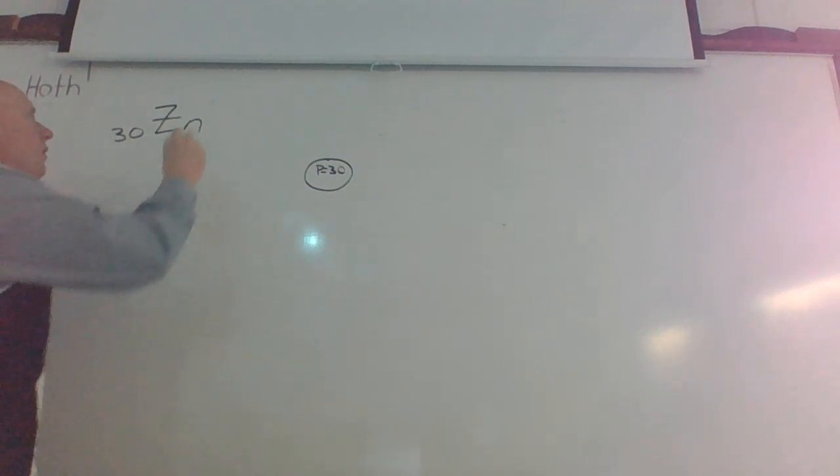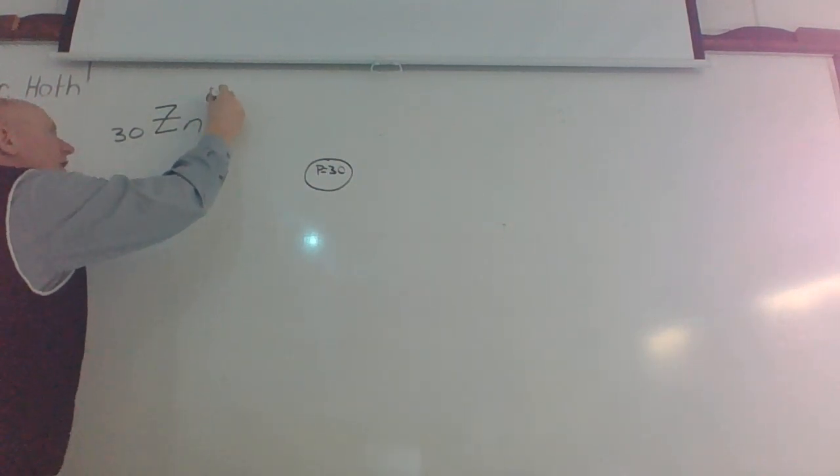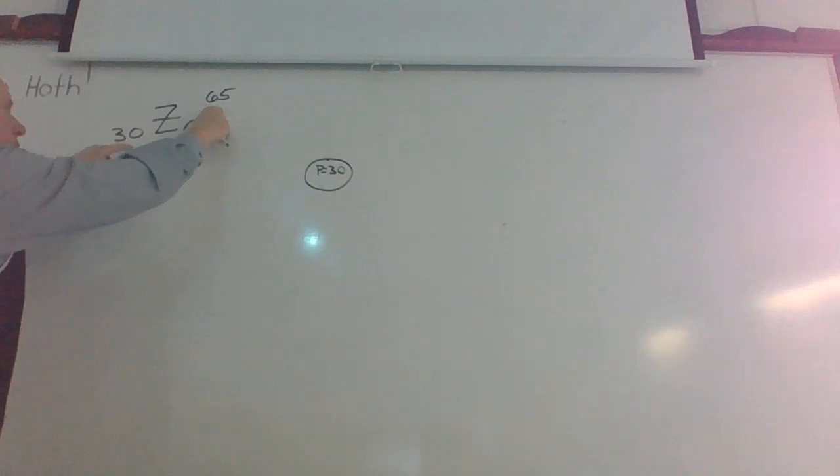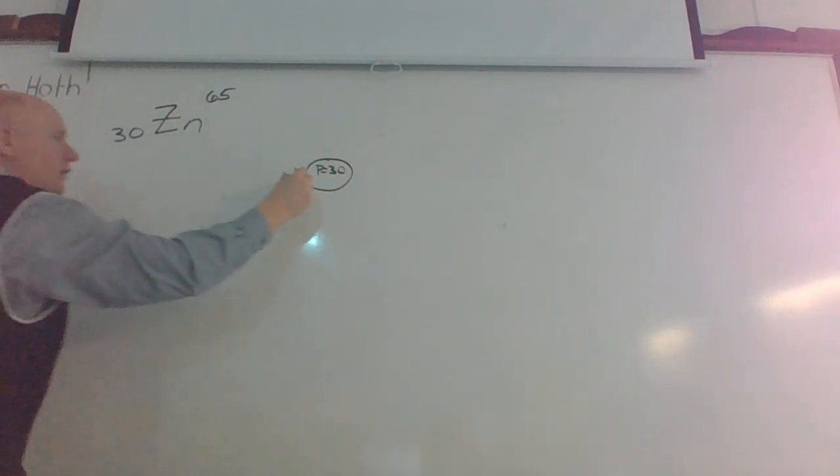Okay, so we're going to say an atomic mass of 65 then. Okay, and this will make more sense tomorrow because this will give us the number of neutrons. All we do is we subtract these two numbers. Okay? So 30 from 65 just gives you what?